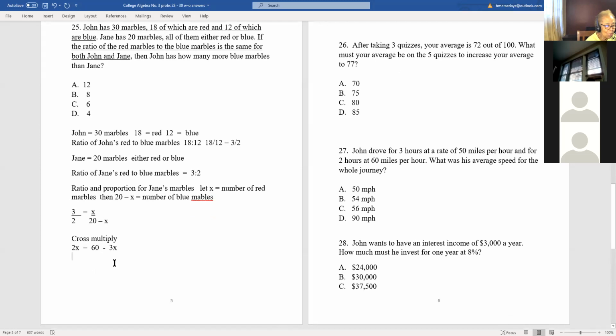So what would you do? 2X minus 3X. No, plus. So that's right. You've got to add 3X to both sides of the equation.